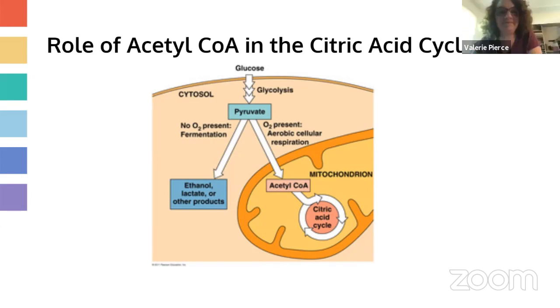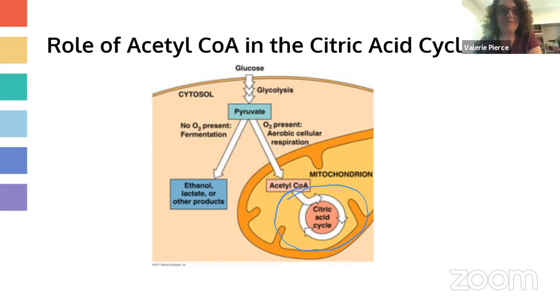That's the big benefit of the citric acid cycle: the liberation of electrons from the carbon compound to move on to the electron transport chain, where we get the largest amount of ATP yield.